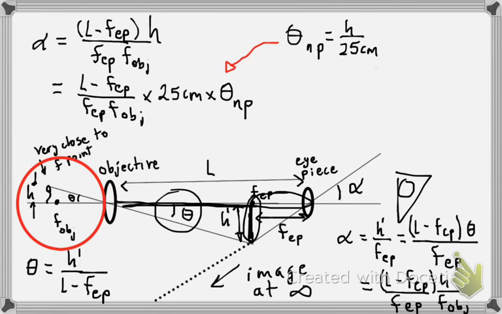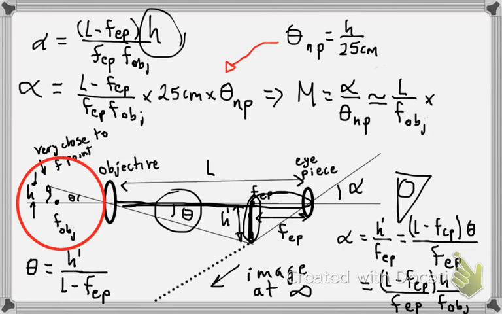So we can write h as 25 multiplied by theta near point. Replacing that for h right here, we get this expression for alpha. Alpha is equal to that, and the last step, of course, is to divide by theta np, because the magnification of the microscope will be alpha divided by theta np.